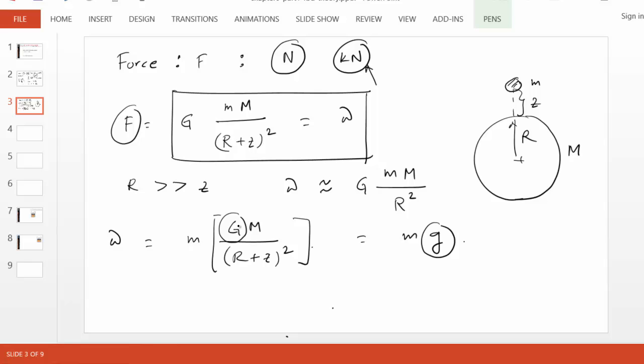But we don't have to memorize the value of the gravitational constant. For us, small g, which is composed of the gravitational constant, the mass of Earth, the radius, and the height of your object, of your system, is a simpler concept. So you can see that small g decreases as capital Z increases.